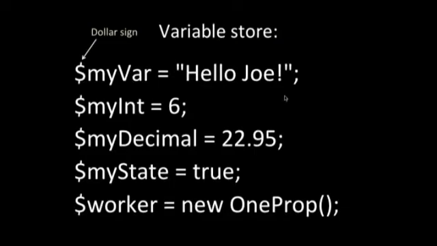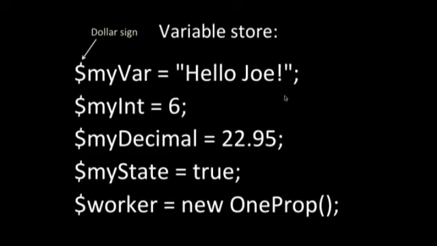Finally, you can declare an instance of a class. Here, for example, we have a variable named worker, and we're assigning it new oneProp. When you assign a variable an object, you have to create an instance of that object using the word new.